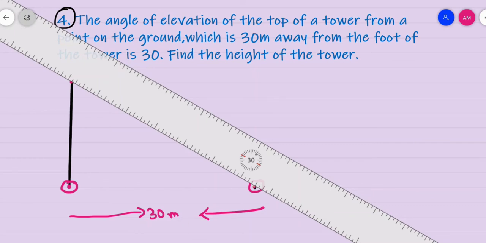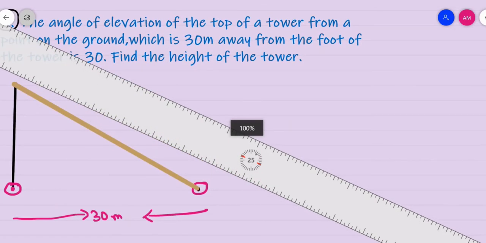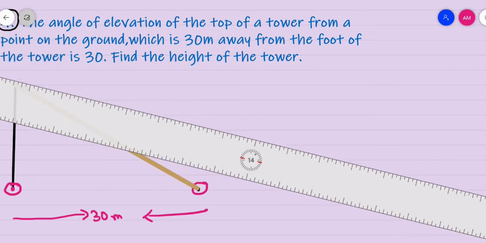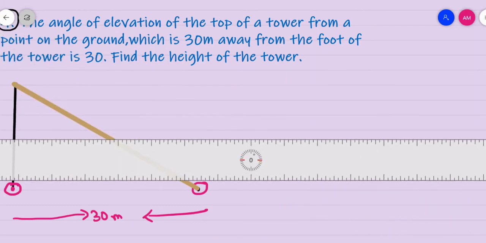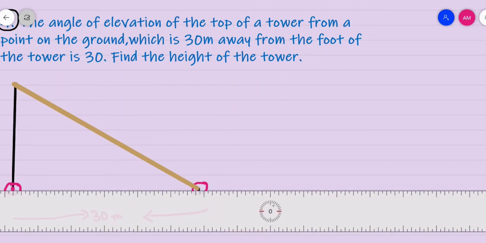If you join, this is the line of sight. Then let us make the ground. This should be vertical for the ground. Now let me make the ground. This is the ground.